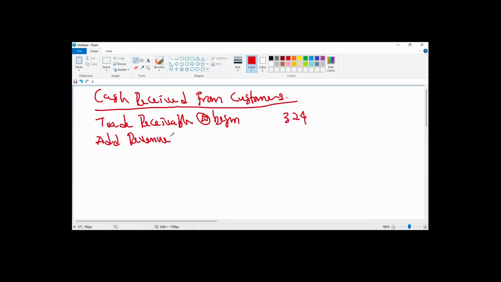The revenue is 1476. 324 plus 1476 gives us 1800. I will now less trade receivable at the end.